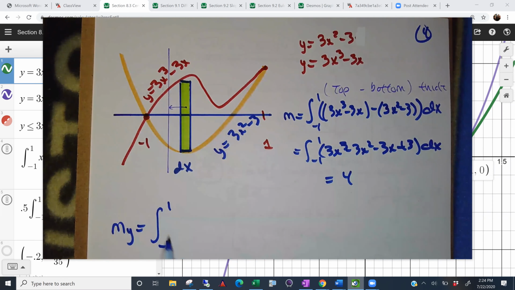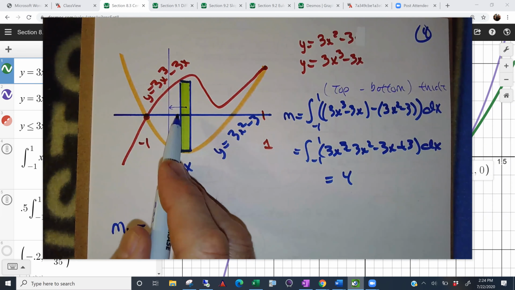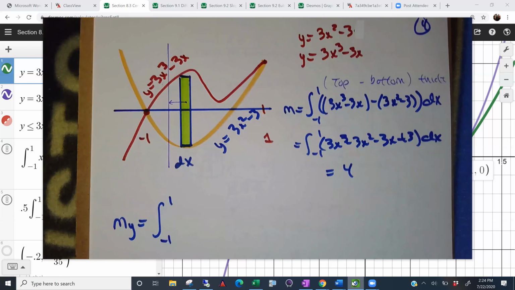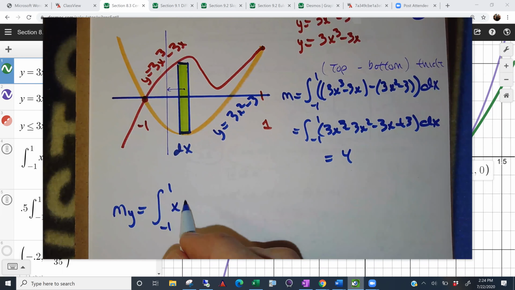That distance, what is that distance going to be? Does anyone remember from the first couple problems like this? X. X, thank you. X times the area of that one slice.